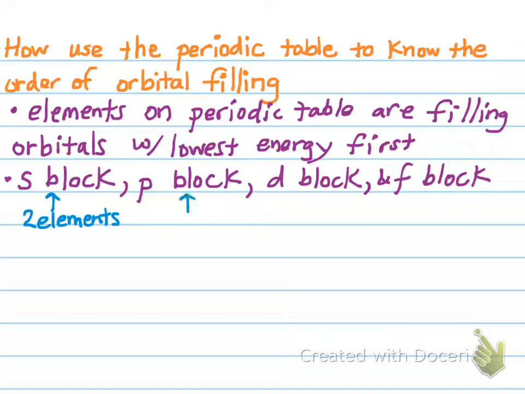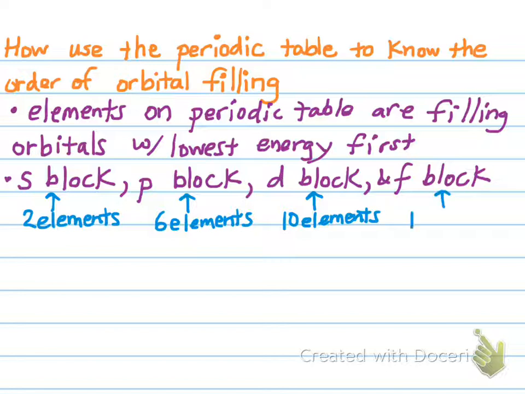In our P block, there are 6 elements because there are 3 P orbitals each holding 2, so they'll hold 6 electrons. In our D block, there are 10 elements because there are 5 orbitals each holding 2 electrons, so 10 electrons.